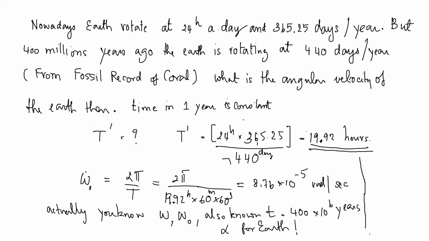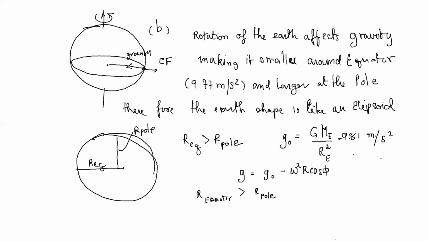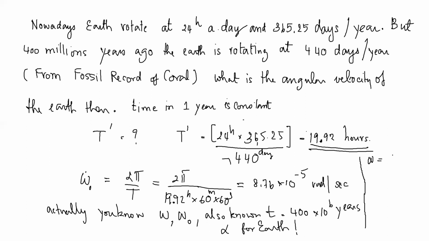What we have is omega today is 7.27 times 10 to the minus 5 radian per second, and omega 0 from this is 8.76 times 10 to the minus 5 radian per second. And t is 400 times 10 to the 6 years.